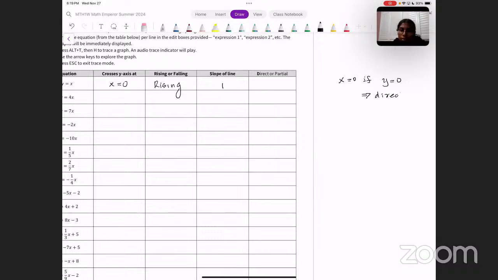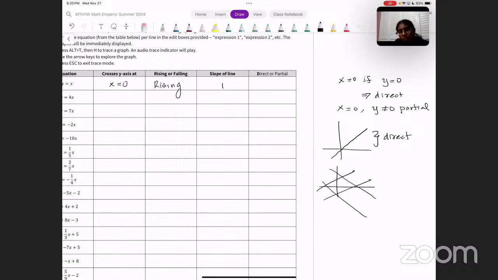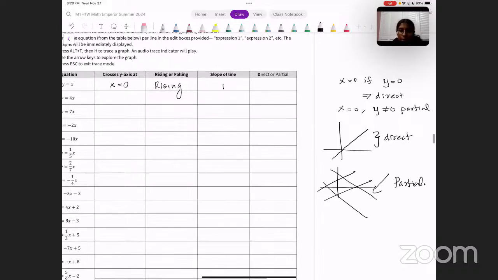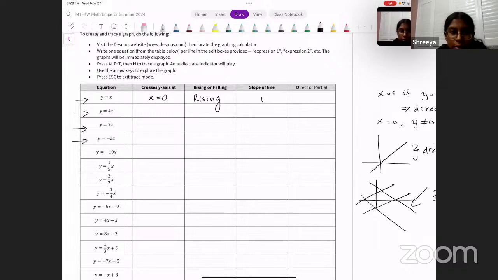If x is 0, y is not 0, then it's partial. In other words, if the graph goes through the origin, we call it direct. If the graph does not go through the origin, these are all partial. So what do you think? Direct.